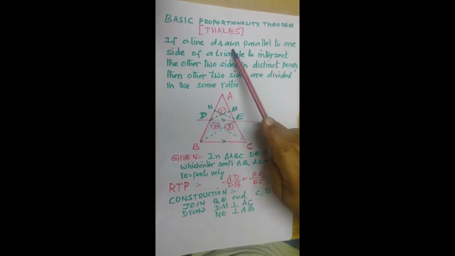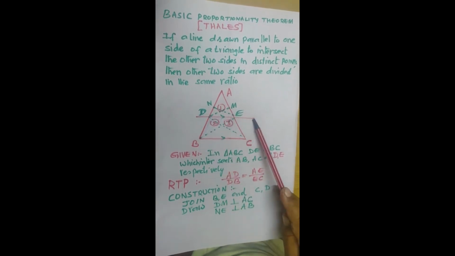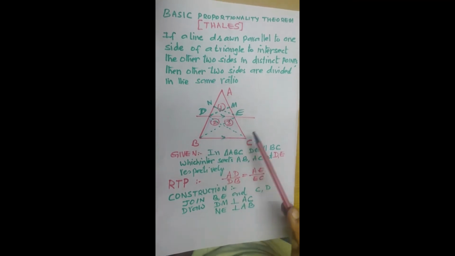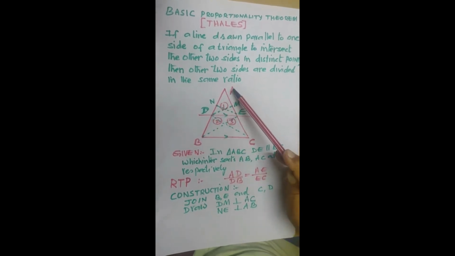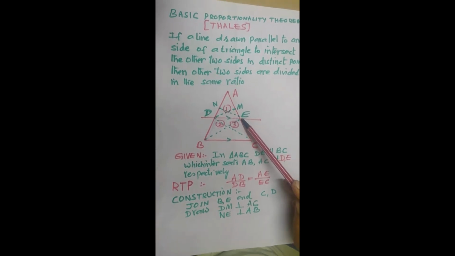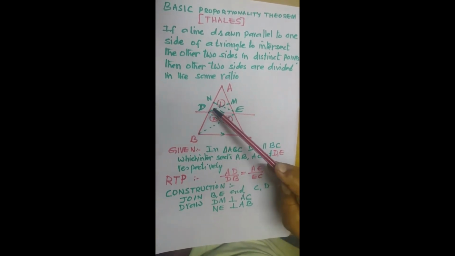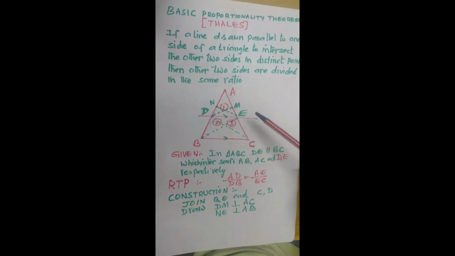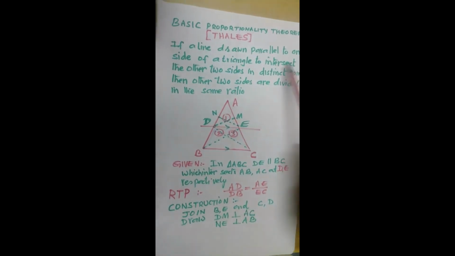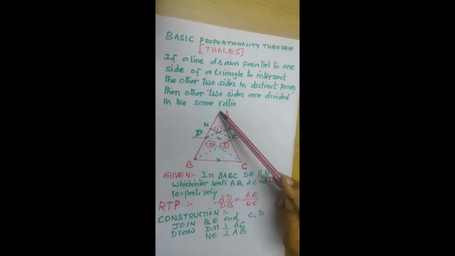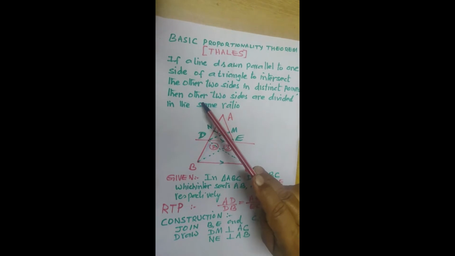That is, a line is drawn parallel to one side of a triangle, DE parallel to the one side BC. This line intersects AB at D and AC at E. So AB is divided at D and AC is divided at E. That's why we are going to see the theorem again. If a line drawn parallel to one side of a triangle intersects the other two sides, AB and AC, in distinct points, here D and E, then what is the conclusion?